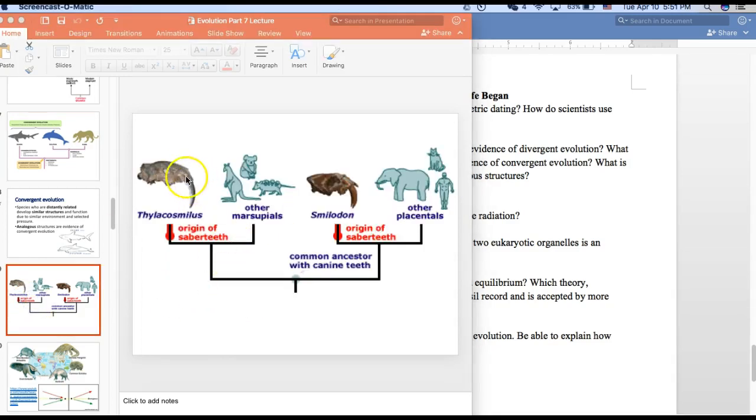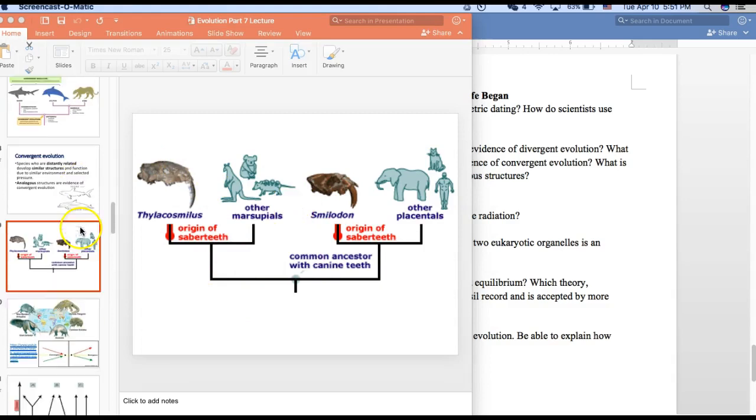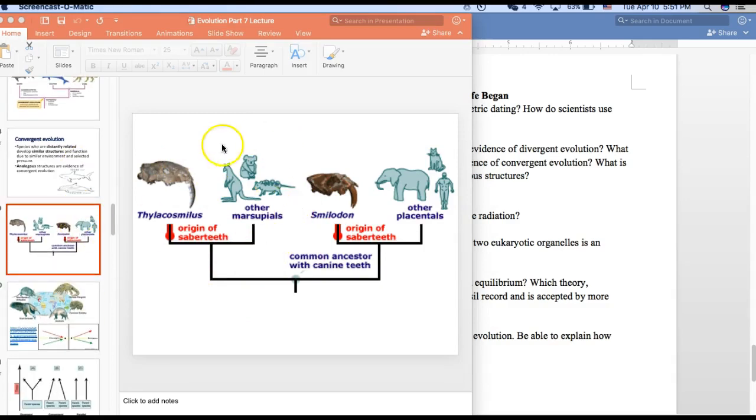On the other hand, this picture, we didn't get to talk about it in class, but let me talk about it real quick over here. We have two types of flying squirrels, but one of them is a marsupial, meaning it has pouches. The other one is a placental animal, which means it has a placenta.